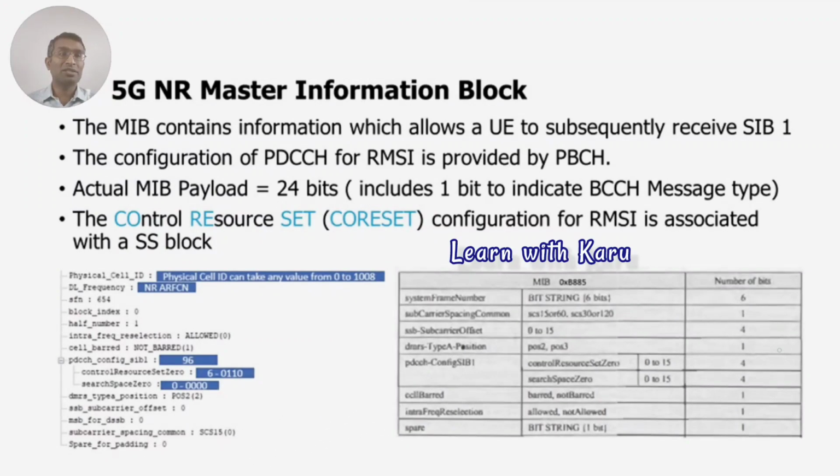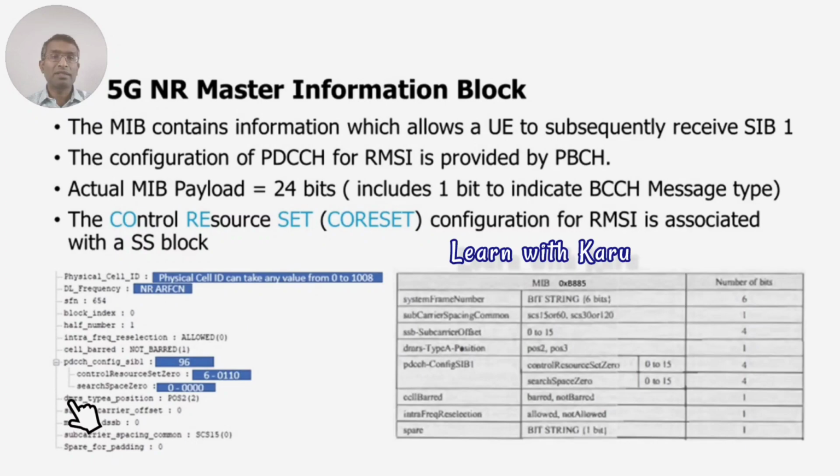And if it is transmitted as 1, it is going to be 30 kilohertz for FR1, frequency range 1. And in case of frequency range 2, it is going to represent subcarrier spacing of 60 kilohertz or 120 kilohertz.